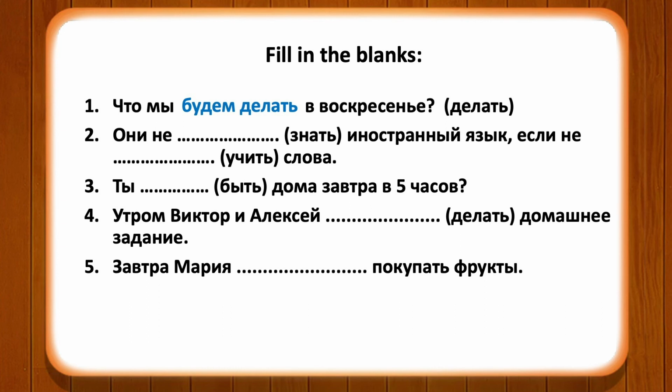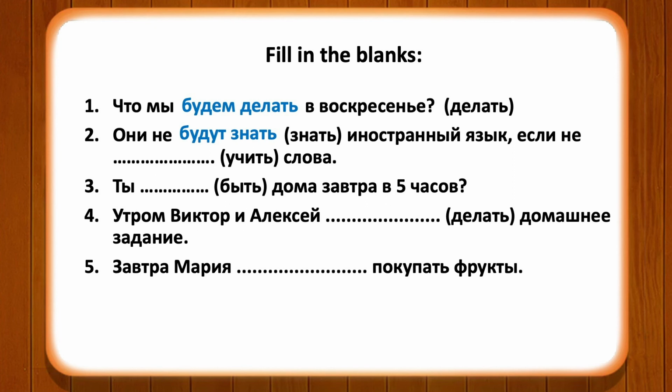In the next sentence, the verbs знать and учить have to be used in future tense. Now, how will you make the future tense? Again you use the verb быть and conjugate it according to the pronoun они. Они будут, followed by the verb in infinitive, which is знать. Они не будут знать иностранный язык, если не. The next verb is учить. Again, if you have to use this verb in future tense, you will conjugate the auxiliary verb быть according to the subject они and use the verb учить in infinitive form.